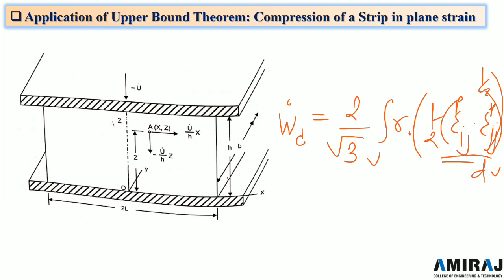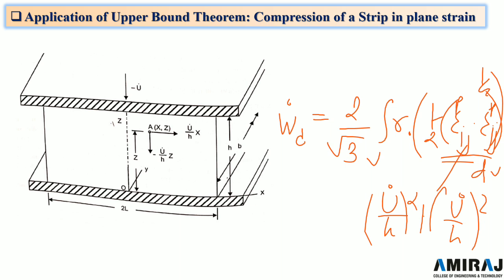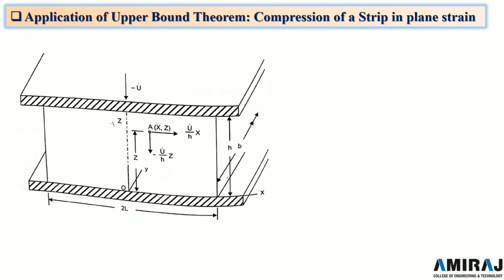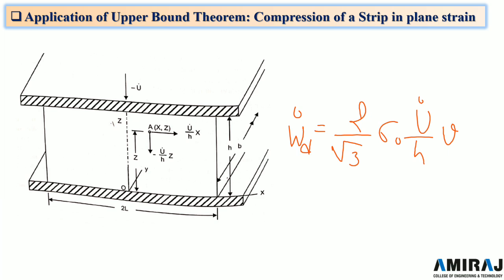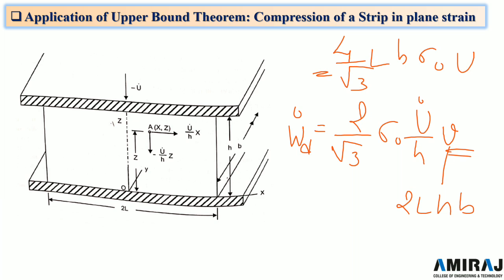If we put the value here, it will be u dot by h square plus u dot by h square, and the final equation will be W_D dot equal to 2 root 3 sigma 0 U dot by H into V, where V is the volume of the deforming body, which is 2 times L into H into B. If you put the value, it becomes 4 by root 3 L B sigma 0 U dot.